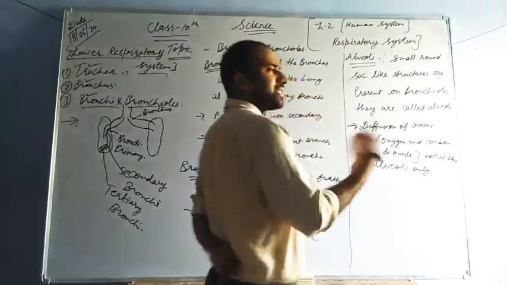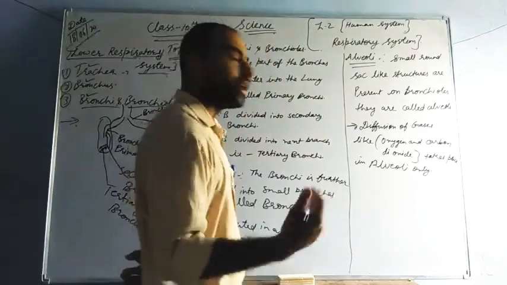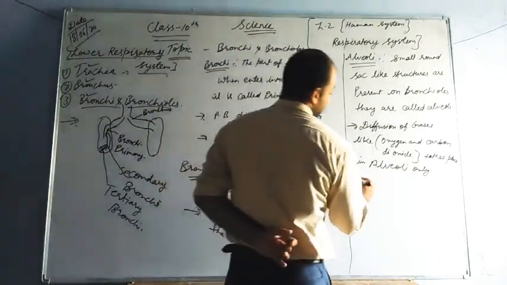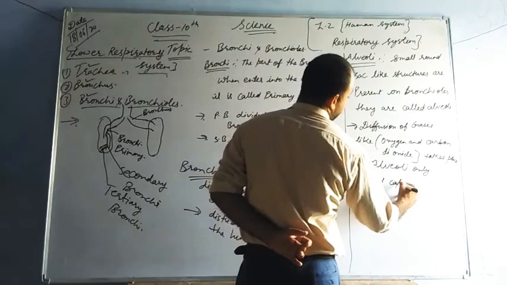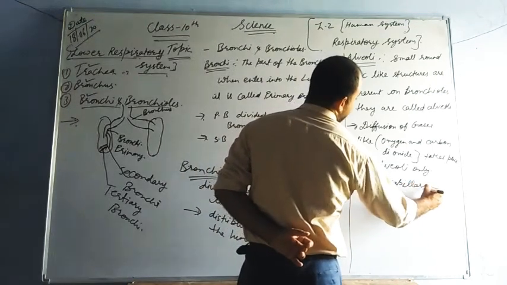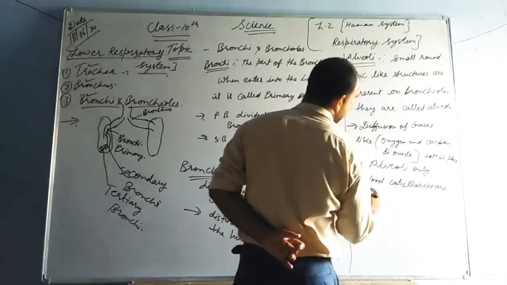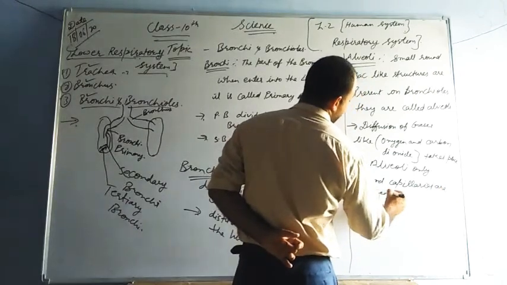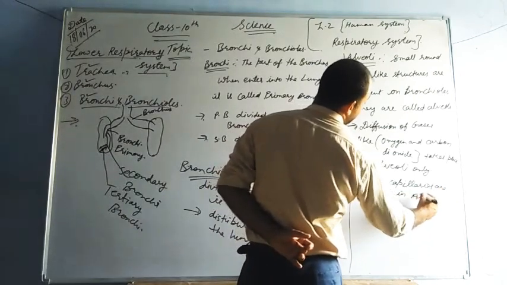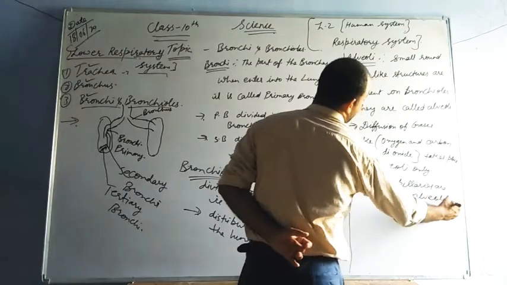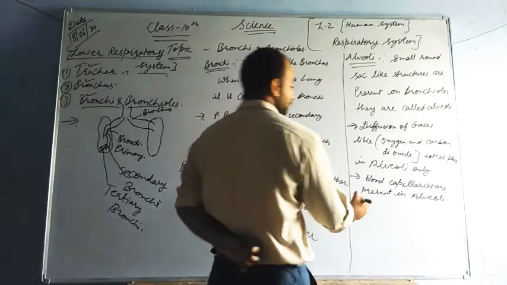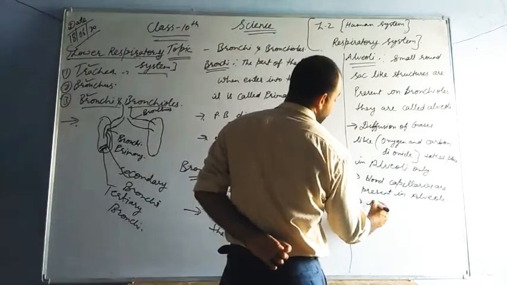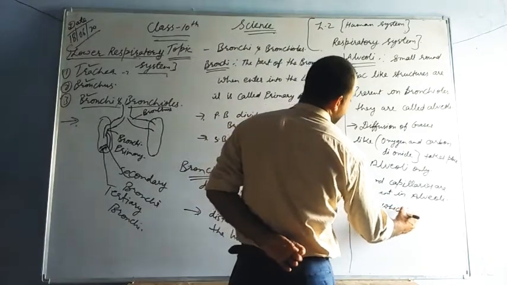Why does it always take place in alveoli only? Because of one reason: blood capillaries are present in the alveoli, in which blood is flowing.